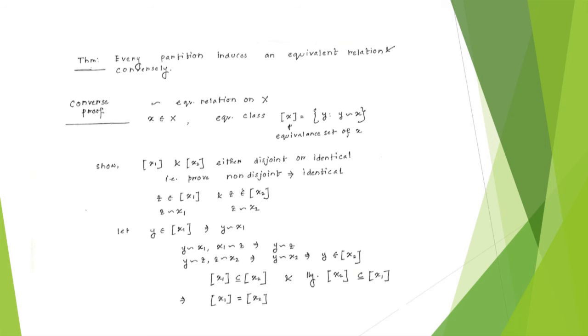Now, if small x is an element of the set capital X, the subset of X defined by box x, we write in this way, is the collection of all elements y such that y wiggle x. And this set is called the equivalence set of x.